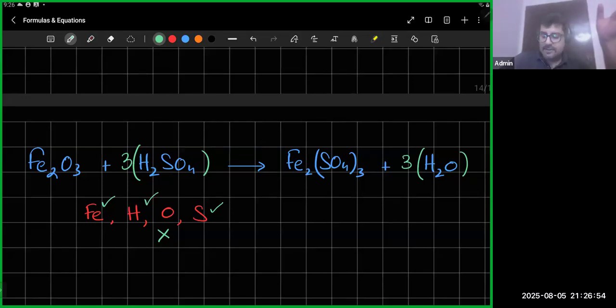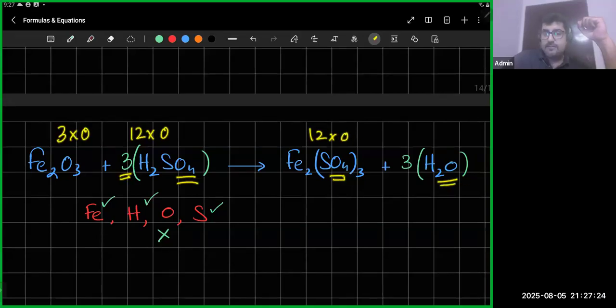Count कर लो. If you're not sure whether oxygen is balanced, you can double check this. 4 times 3 is what? It's 12. So यहाँ पे 12 oxygens, and over here there are 3 oxygens, right? So that's a total of 15 oxygens. इधर देख लो, it's SO4, 4 oxygens, but 3 times that means 12 oxygens. इसमें कितने oxygen?